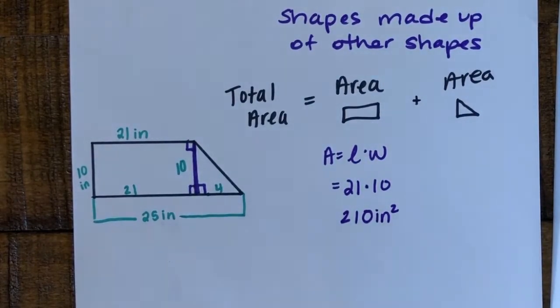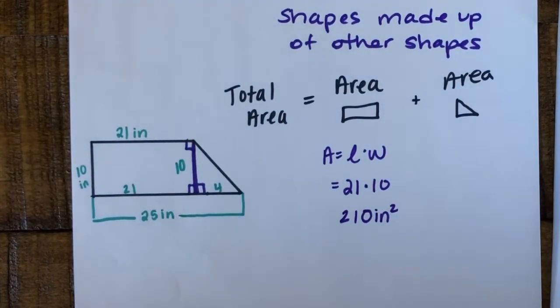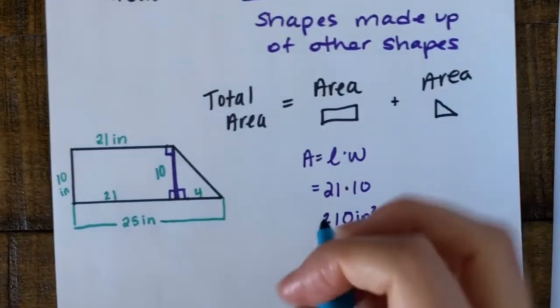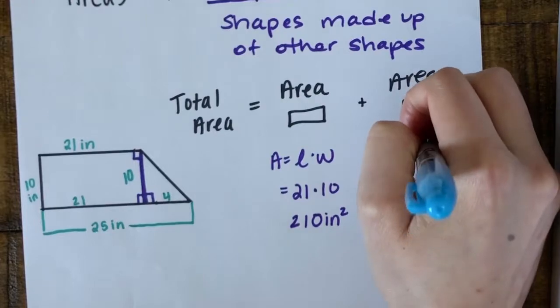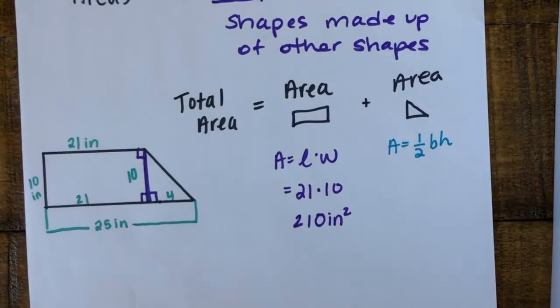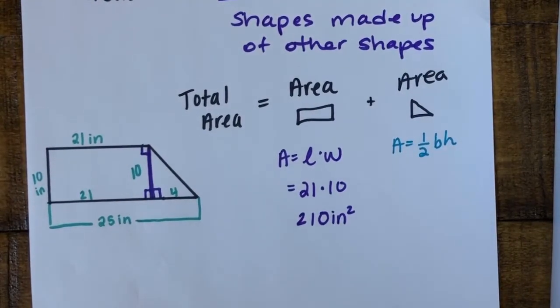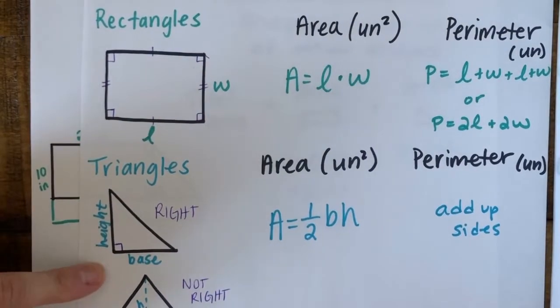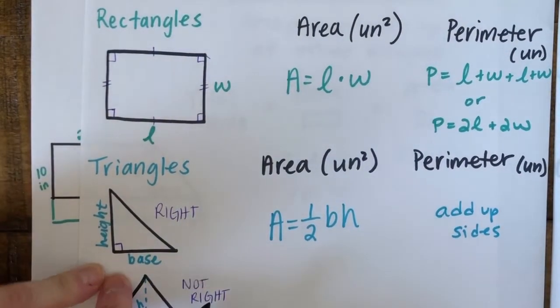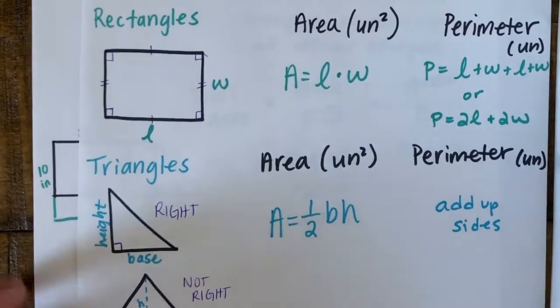And now I'll do my triangle. So my triangle has a different formula. The area of a triangle is half the base times the height. So if I look at my triangle, I'm going to remember, okay, this is a triangle and it is a right triangle because there's a right angle. So my base is along the bottom and my height is the other side, making that right angle.